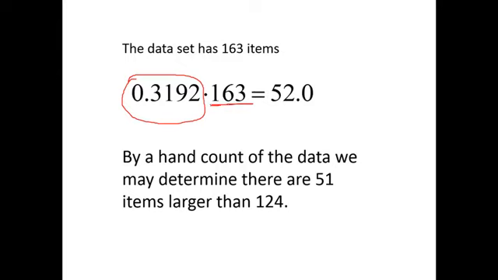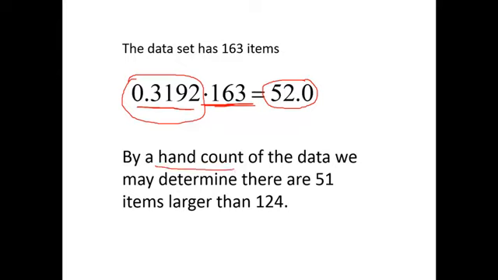Well, our population had 163 people in it, so I take this proportion of 163, and I get 52.0. Then I go in by hand and do a count of the data.